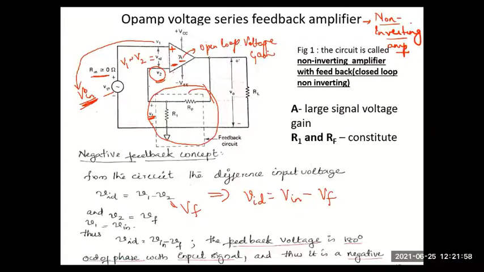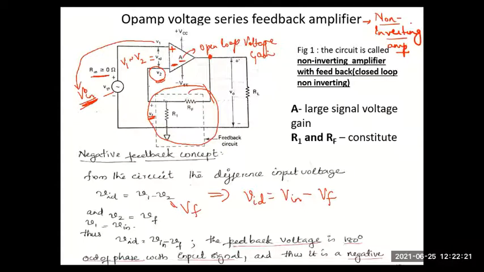So what is the concept in a non-inverting amplifier? The output is divided across a voltage divider or potential divider, RF and R1. There is a connection RF in series with R1 and the output voltage appears across this combination.